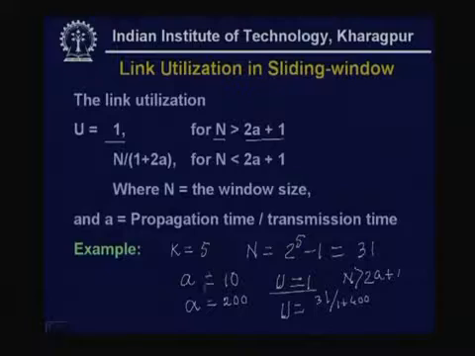Before the window is exhausted, all the frames of that window are transmitted, it receives an acknowledgement, and so it keeps on expanding the window in one direction. So in this way, continuous flow of traffic is possible if the value of N is chosen in such a way that it is greater than 2a plus 1. So you see that link utilization can be significantly better in case of sliding window protocol.